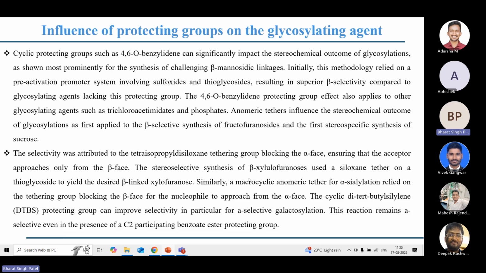But to get alpha selectivity, there are ways where people have used very bulky groups at C6 and C4. One example to get alpha selectivity is the cyclic di-tert-butylsilylene DTBS protecting group, which will give alpha selectivity in glycosylation.